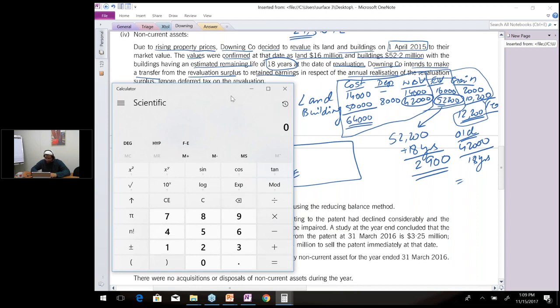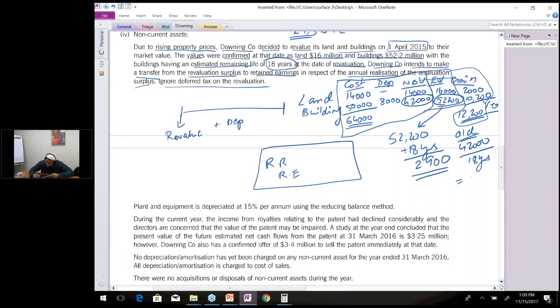And if I do it like this, okay, yes, the answer is in decimals. So 42,000 divided by 18 will give us 2,333. This was the old depreciation.